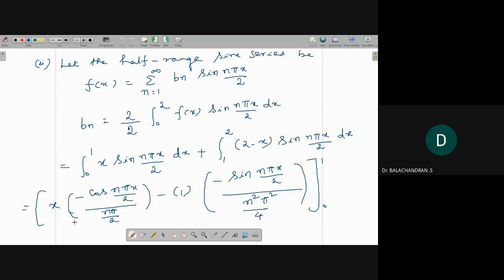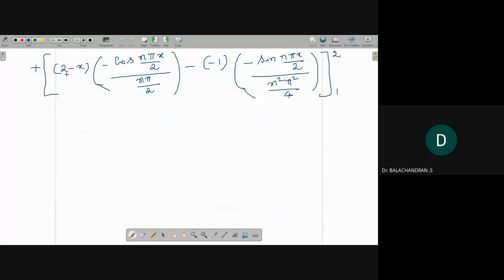X into, if you integrate sine n pi x by 2, you get minus cos n pi x by 2 divided by n pi by 2, and then minus, if you differentiate x you get 1, and if you integrate minus cos of this function, you get minus sine of n pi x by 2 divided by n square pi square by 4. The limit is from 0 to 1. So this is over. Next I need to integrate the other function, keeping 2 minus x as it is.